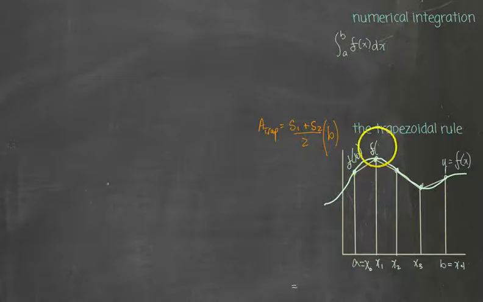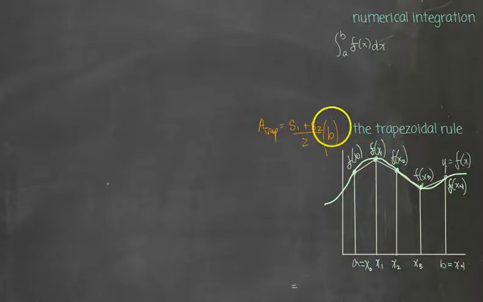This would be the F of X1. The height of this would be the F of X2, F of X3, and this one would be the F of X4. So now I have a way to represent heights, or S1 and S2, so side length or edge length, however you want to describe the formula.